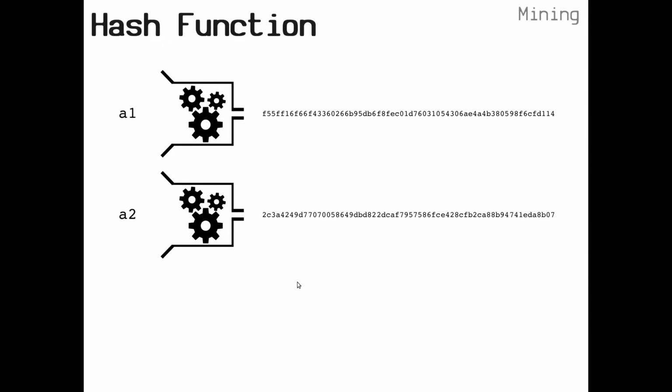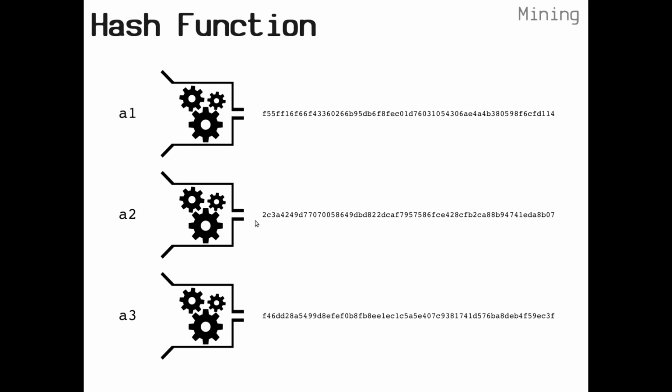And an important part about a hash function as well is that if you don't know what the result is beforehand, there's no way you can predict what A2 is going to spit out. So if you don't know what this already is, then there's no way you can figure out what the result's going to be, which is useful, as we'll come to see in a moment.